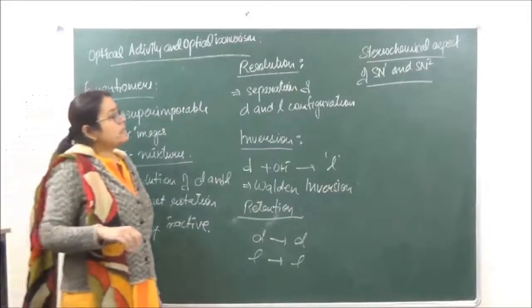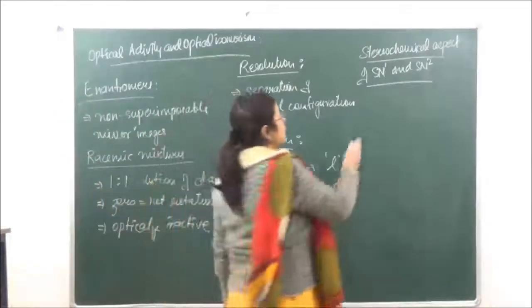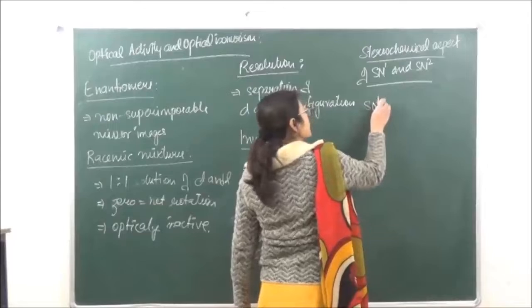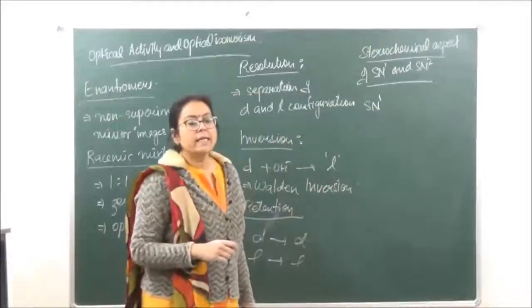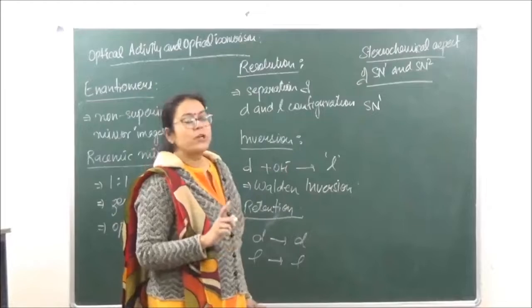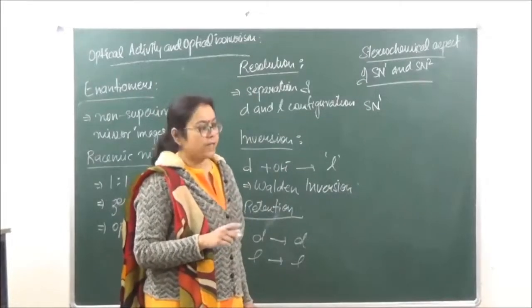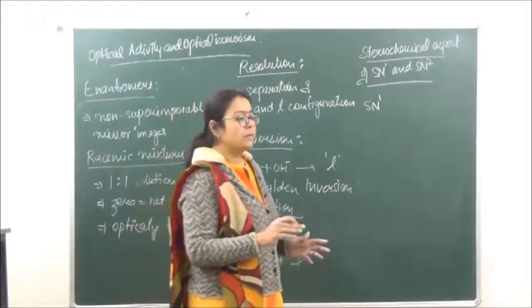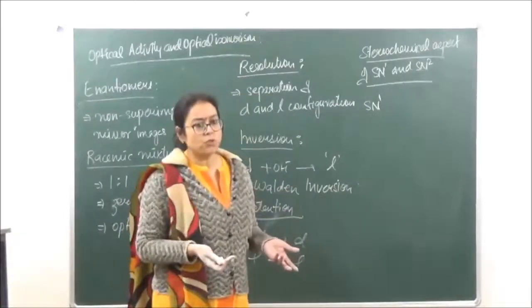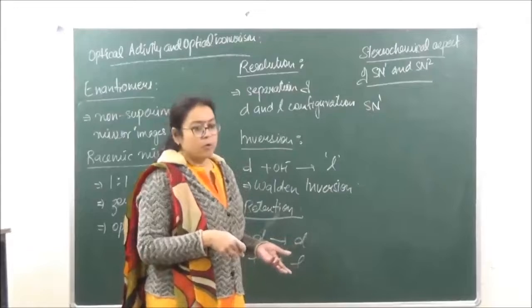Now in this case, if you remember, the SN1 mechanism is a unimolecular reaction. So it is a two-step reaction. First the formation of a carbocation is going to take place, and after that substitution will take place on the carbocation.